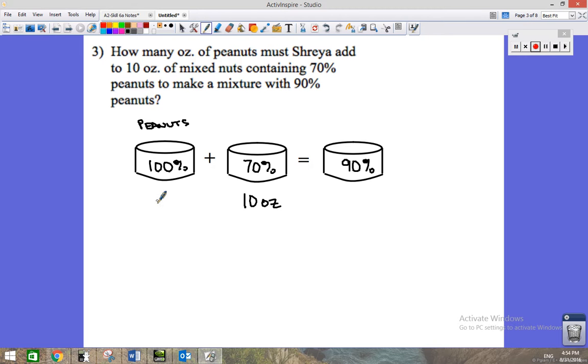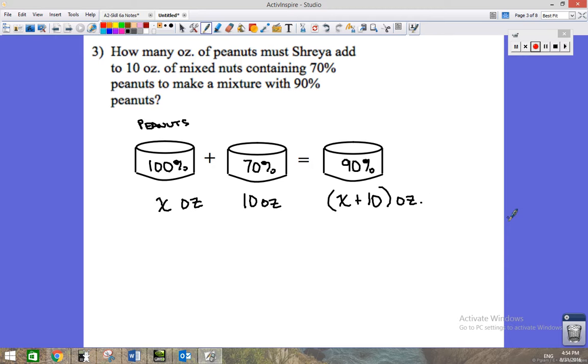And how many ounces, that's going to be my variable x. So I have these pure peanuts that I'm adding to this 10 ounces at 70% to increase that concentration from 70 all the way up to 90. If I have x ounces plus 10 more ounces, I have a total volume or a total weight of x plus 10 ounces.